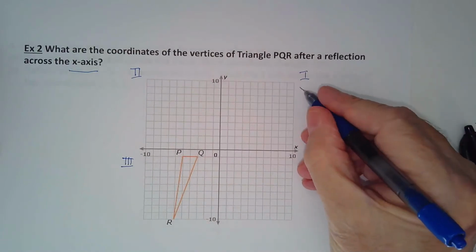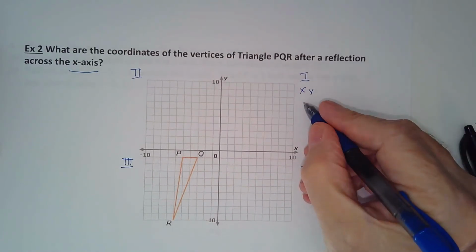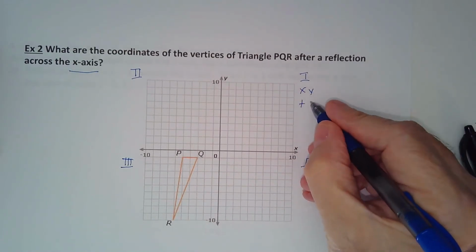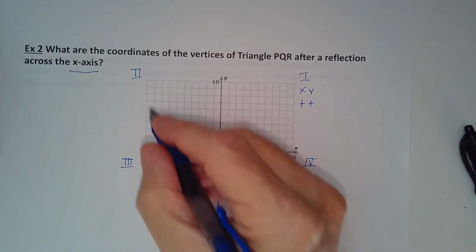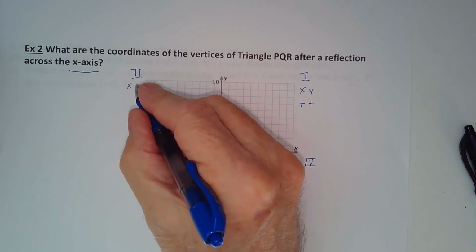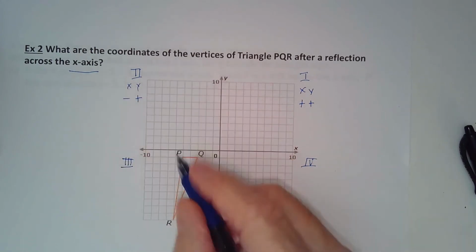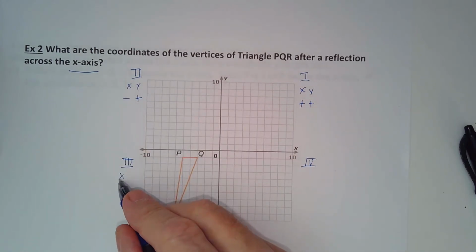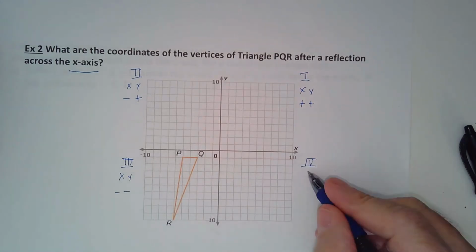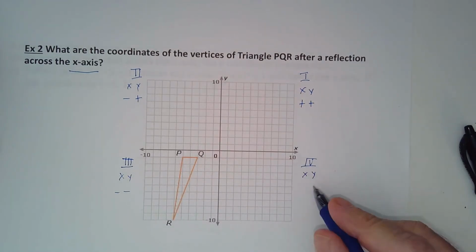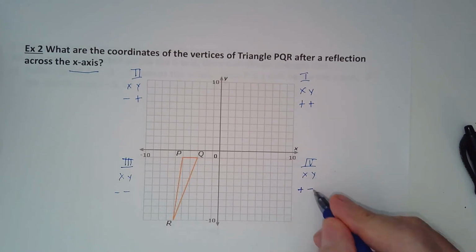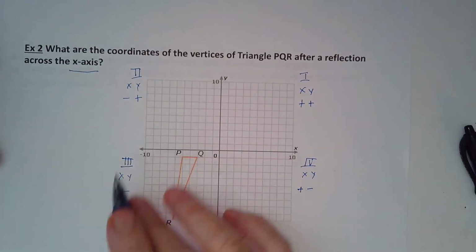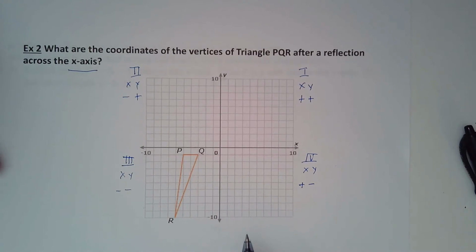Just to help ourselves, in quadrant 1, both x and y are positive. Quadrant 2, x is negative and y is positive. Quadrant 3, both x and y are negative. And quadrant 4, x is going to be positive and y is going to be negative. If you do that every time, you're always going to be able to do this pretty easily.